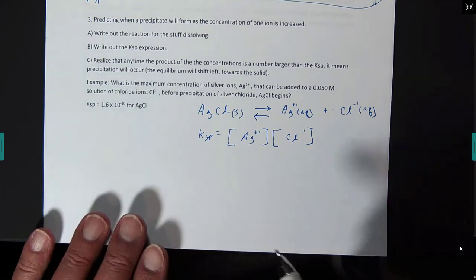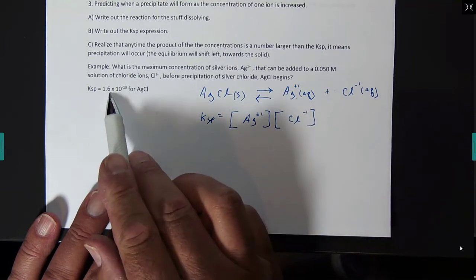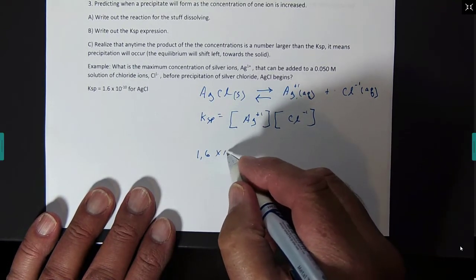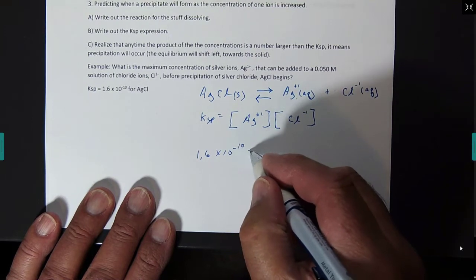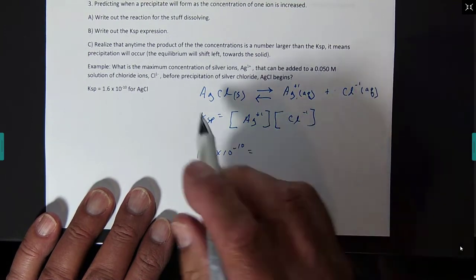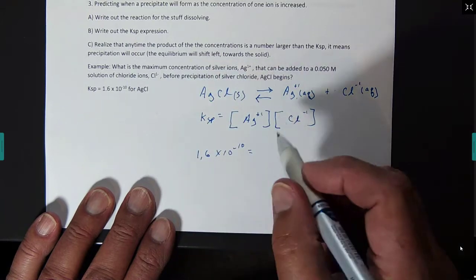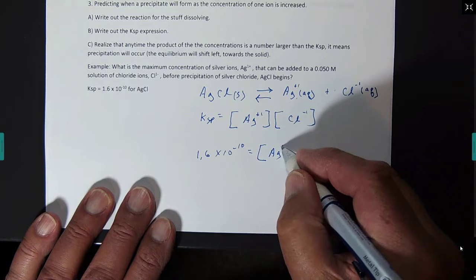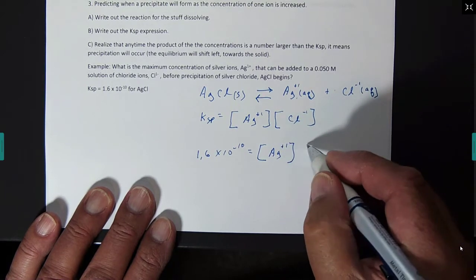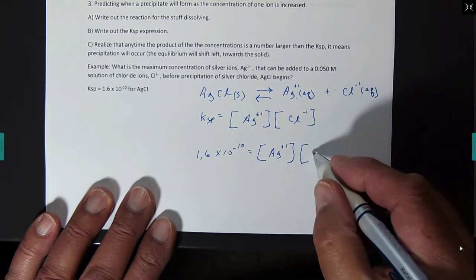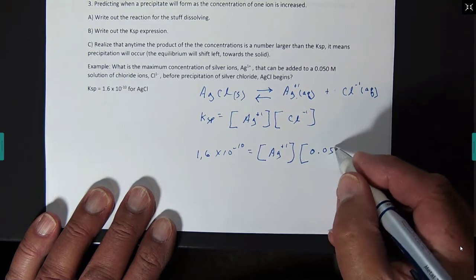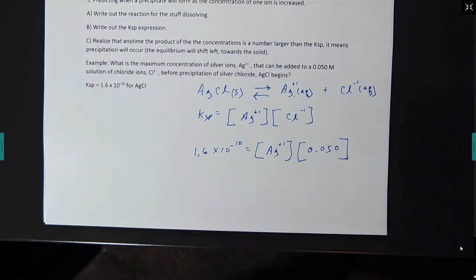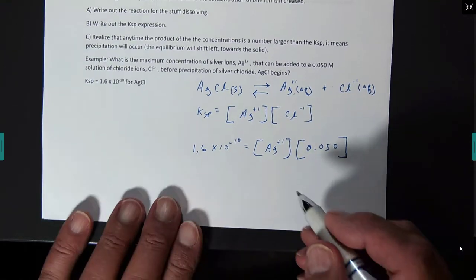So how do we do this? Plug and chug. Plug in some numbers. Ksp, 1.6 times 10 to the negative 10th power. What is the maximum? We're looking for the concentration of silver. We know the concentration of the chloride. This is a pretty simple problem, isn't it?